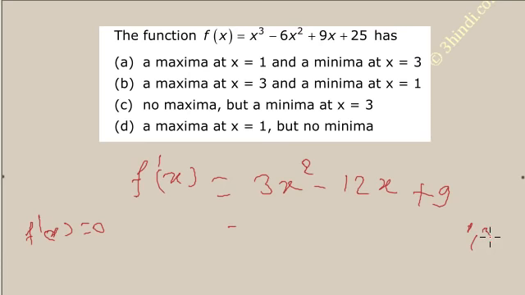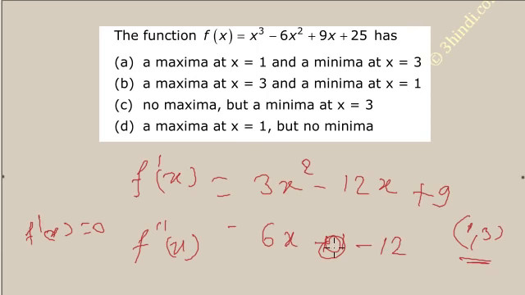The roots are 1 and 3. So the critical points are 1 and 3, and f double dash x is equal to 6x minus 12. If you put 1, f double dash 1 is equal to minus 6, and f double dash 3 is equal to 6.